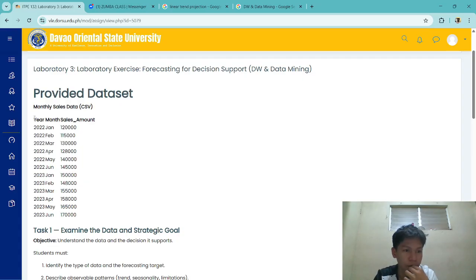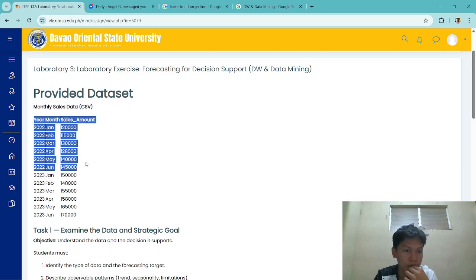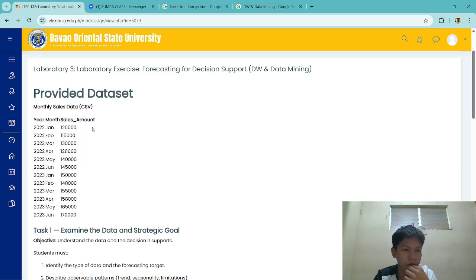The sales amount goes from 120K, then 115, then a sudden increase to 130, then a sudden drop to 128, then a sudden increase to 140, then 145, and the monthly sales end here.